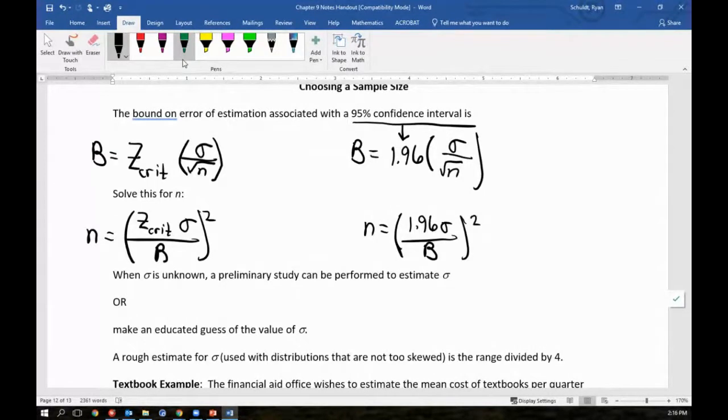So we have to make an educated guess. This educated guess is down here. If the distribution is not too skewed, we can take the range and divide it by 4.